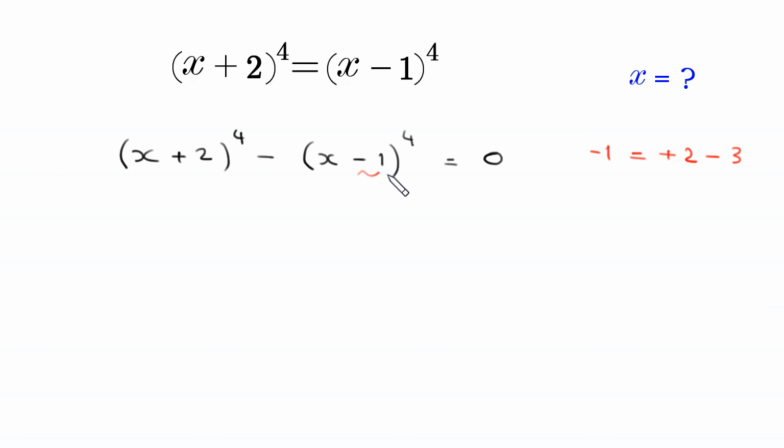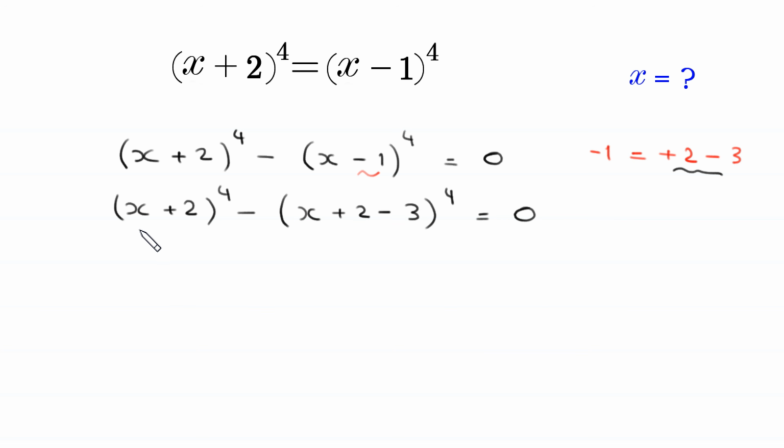So we write this negative 1 as plus 2 minus 3, then this equation will become (x + 2)^4 - (x + 2 - 3)^4 is equal to 0.